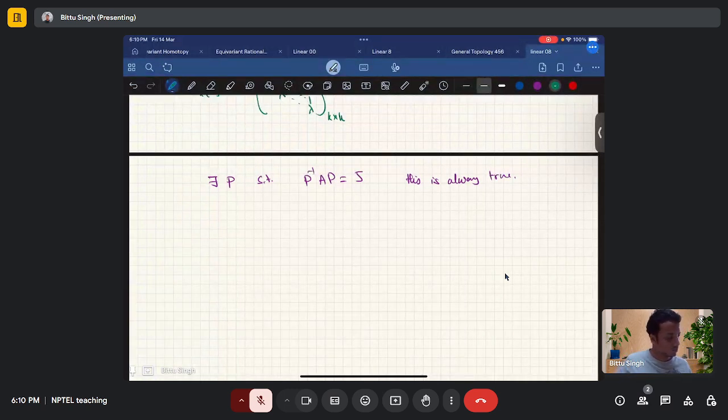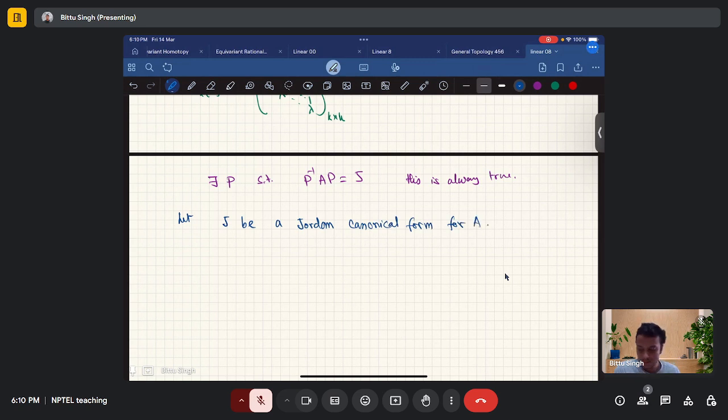Let J be a Jordan canonical form for A, that is, P inverse AP equals J. Then there are some properties we can get.